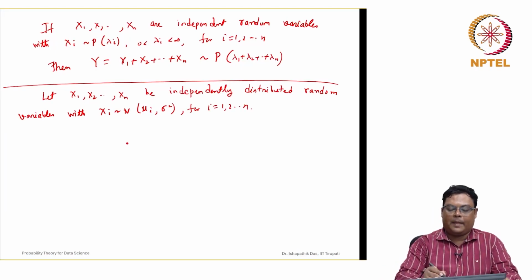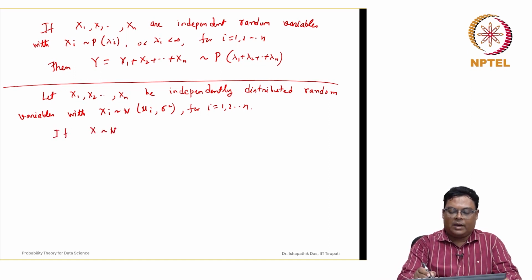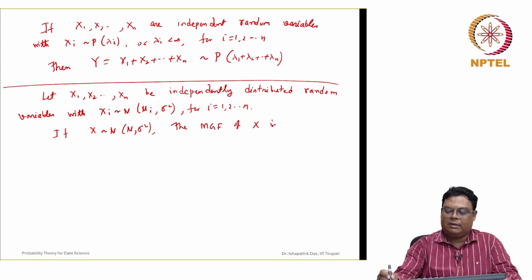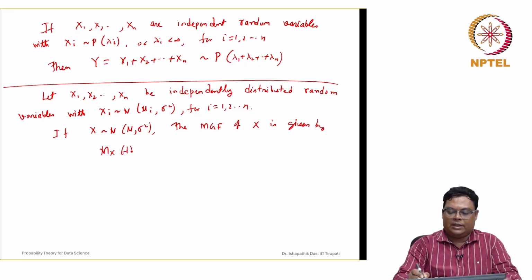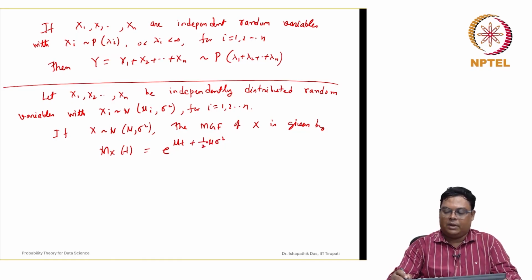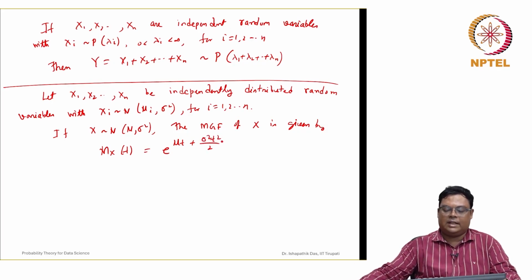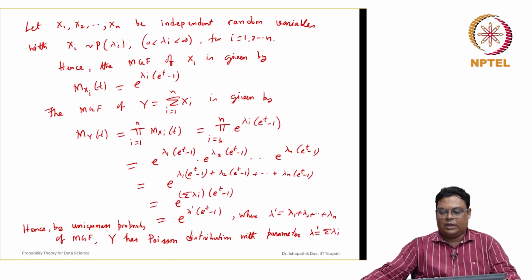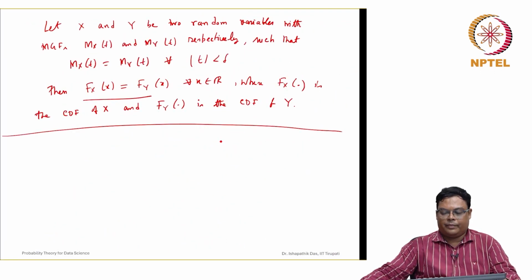So recall that if X is normal(mu, sigma squared), the MGF of X is given by M_X(t) equals e to the power of mu t plus sigma squared t squared by 2. So let us see, we have just gone through this. Here it is.